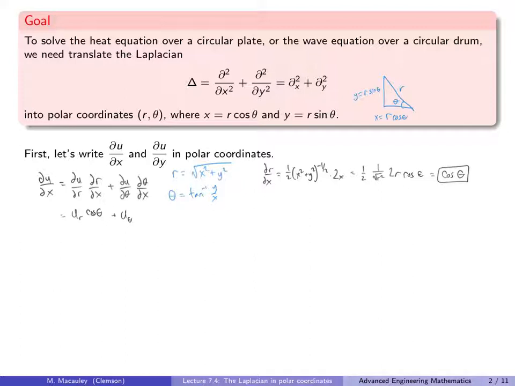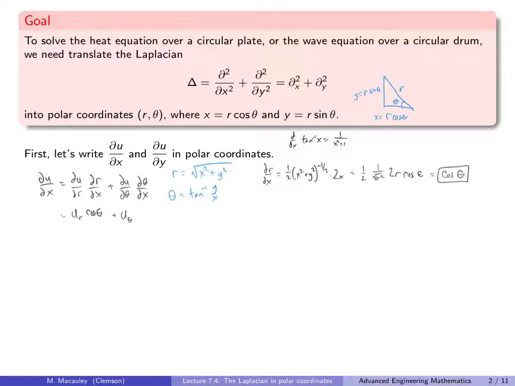And then next, what is d theta dx? What's the derivative of this with respect to x? Recall that d dx of inverse tangent of x is 1 over x squared plus 1.